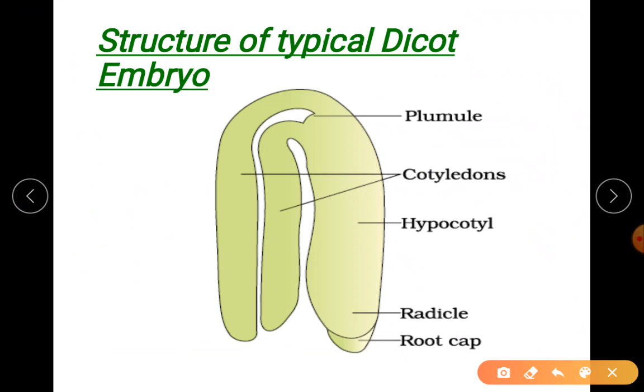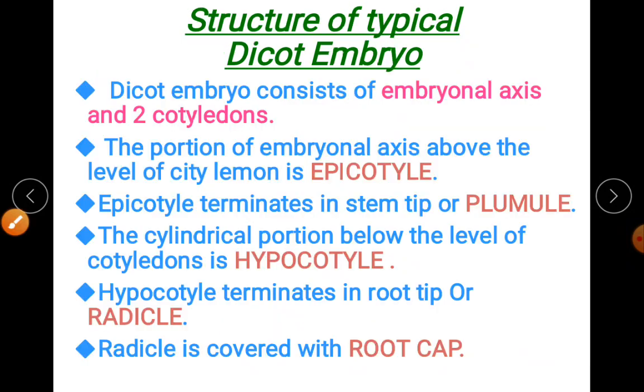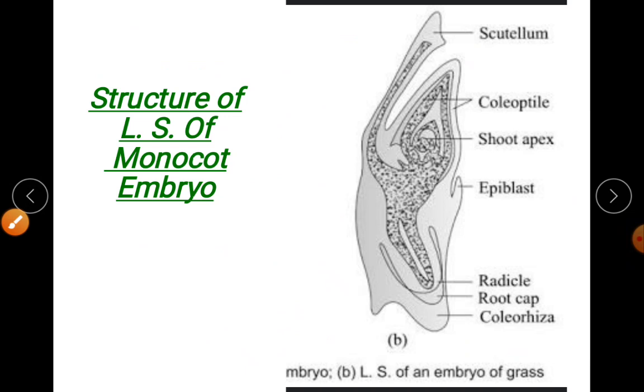So epicotyl terminates with plumule, hypocotyl terminates with radicle. So it's clear for you. Please draw this many times because this is a frequently asked question. See that you are practicing it well.